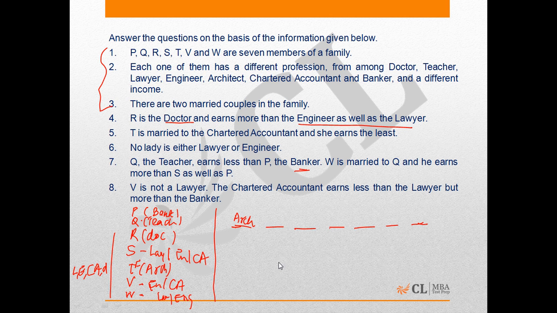So it has to be teacher, followed by banker, then chartered accountant, and then lawyer and engineer, and finally doctor. So this is the arrangement of professions in terms of income.